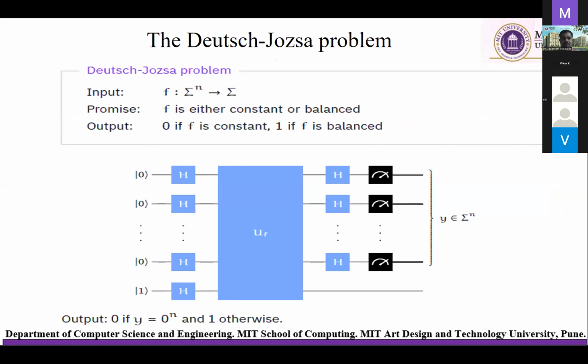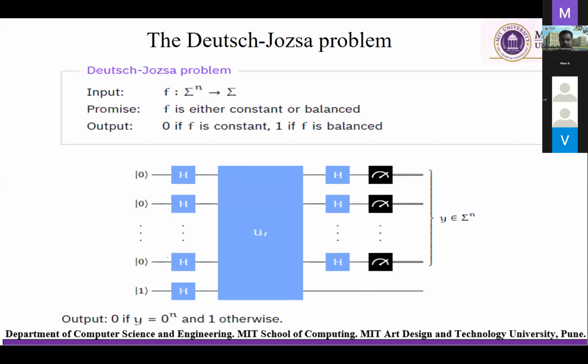Then this Deutsch-Jozsa problem will have this type of circuit. If you compare this with the simple Deutsch problem, it is exactly similar to the previous Deutsch algorithm, where there is a first bit and a second input line, and then there is a UF function, and then a Hadamard gate. This type of structure is there in the simple Deutsch problem.